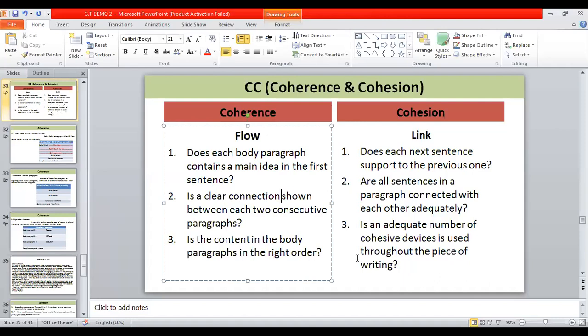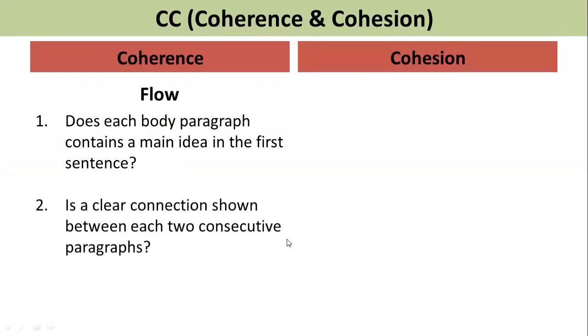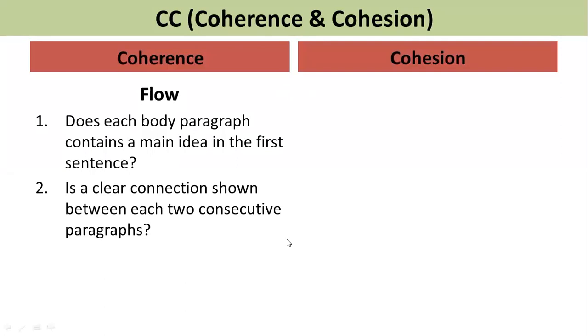Sorry, it is a grammatically incorrect sentence. Is a clear connection shown between each two consecutive paragraphs? What does consecutive mean? In Hindi, I would say लगातार. Next, yes. The next and the previous one.